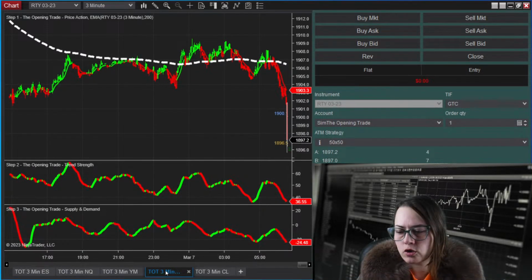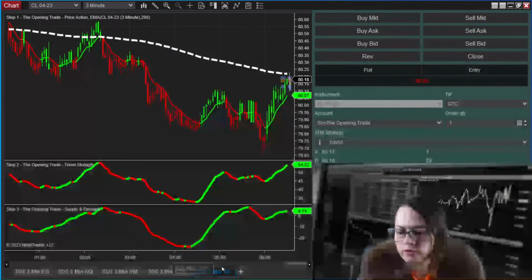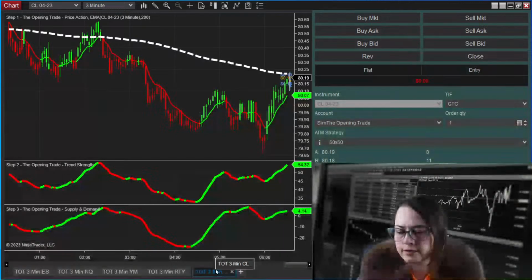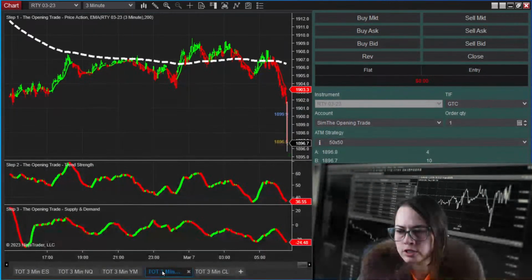The candle is open. So when this candle closes, there's no good trade right now on the crude oil. It's too close to the 200 period EMA.